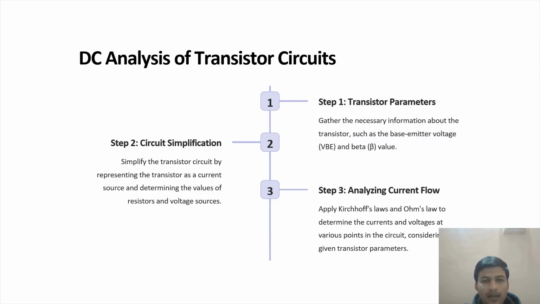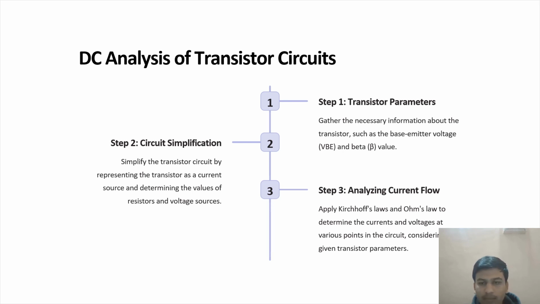Afterwards, we will see the DC analysis of the transistor circuit. First is the transistor parameters, such as base emitter voltage, that is VBE, and beta, that is the gain value. Second is circuit simplification, simplifying the circuit by representing the transistor as a current source and determining the values of resistors.